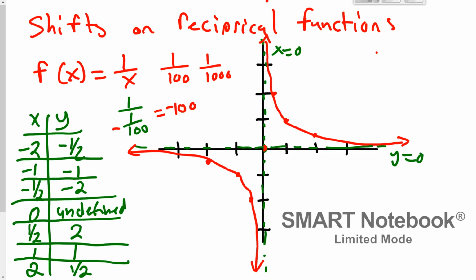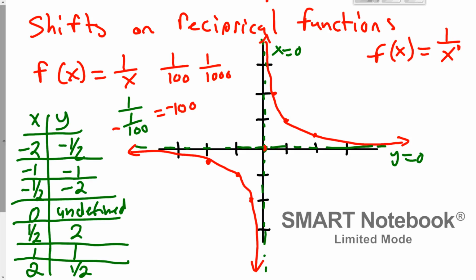So normally when we deal with just the reciprocal function of 1 over x, or the variations that we're going to look at, they always have two branches. And in most cases, where it's just degree 1 on the bottom, your branches are going to be diagonal from each other.